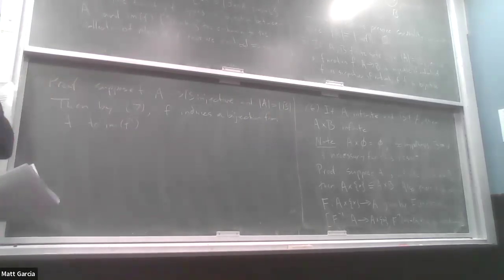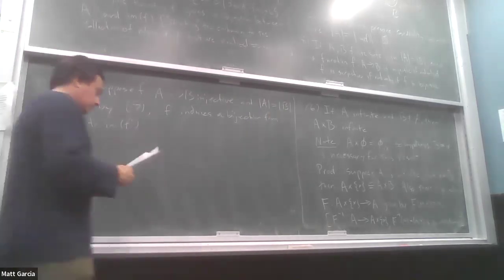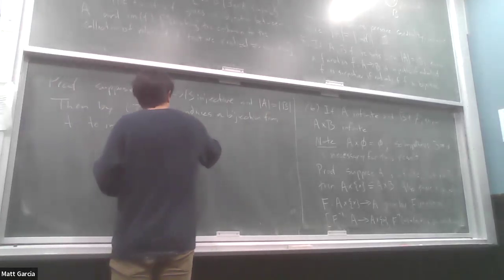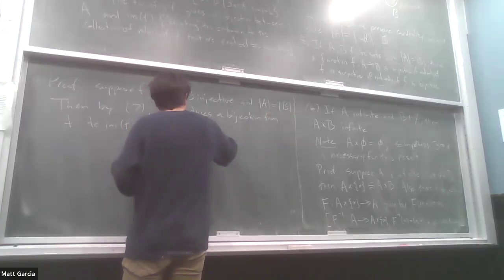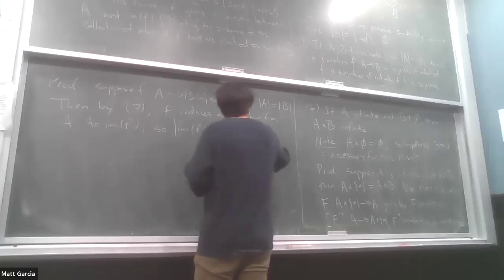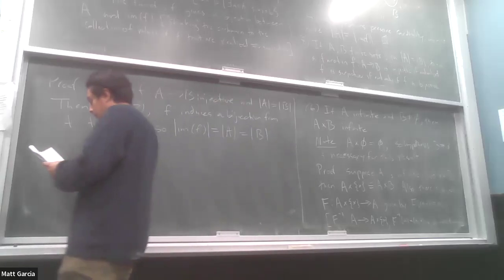This is just the statement of our last piece of our proposition. So the cardinality of the image of f is equal to the cardinality of A, which by hypothesis is equal to the cardinality of B.